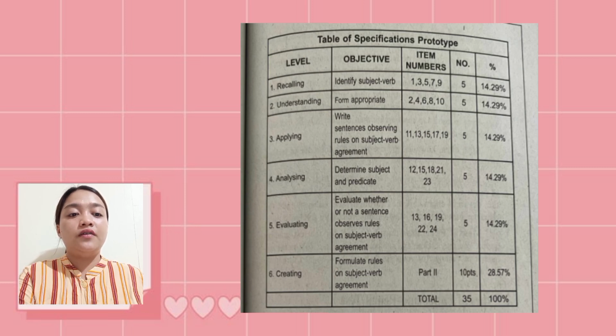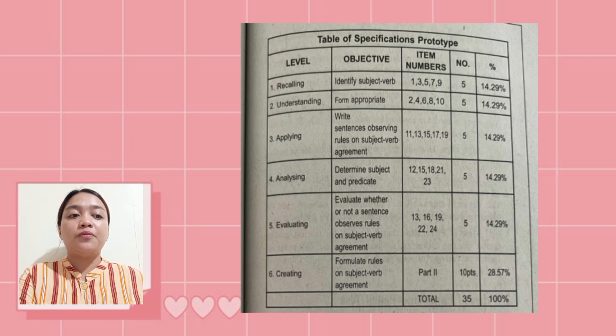And level 4 rather, is the analyzing. The objective is determine subject and predicate. So, number 12, number 15, number 18, number 21, and number 23. So, the total number is 5 questions.